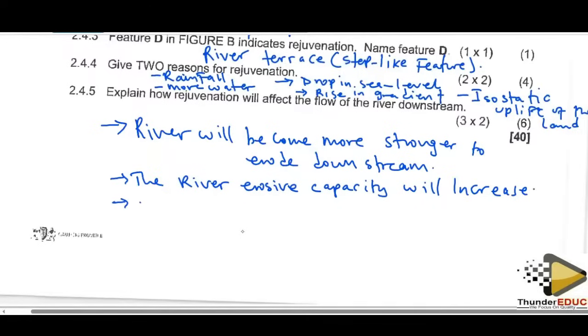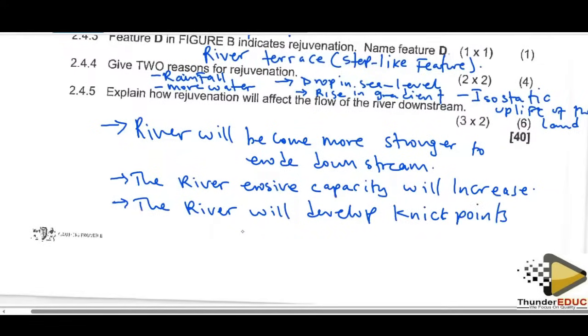So the river will develop neck points, rapids inside the meanders, downstream.